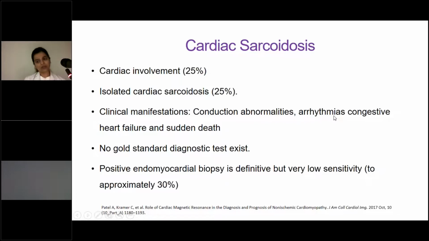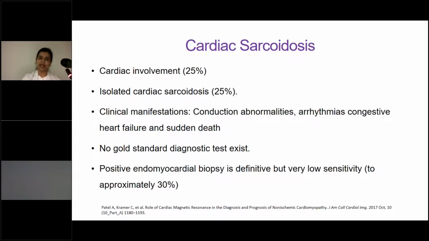With extensive involvement of the heart, congestive heart failure can also result. And in a small number of cases, sudden cardiac death can also occur, which occurs most commonly because of conduction abnormalities and tachyarrhythmias.